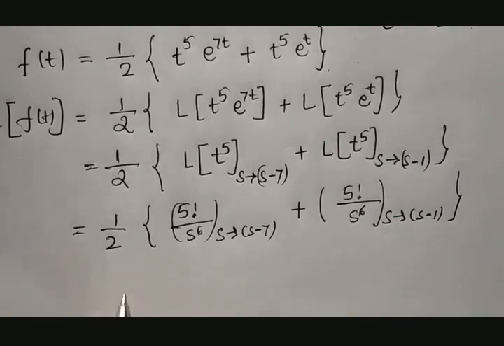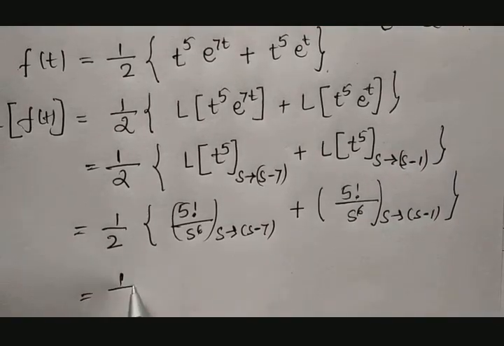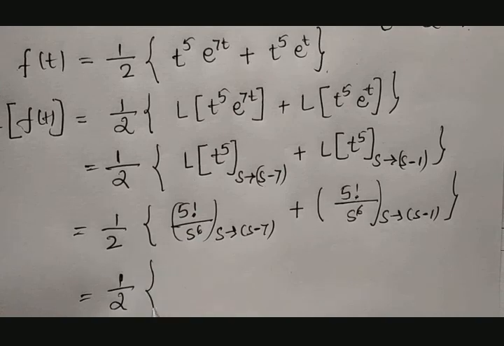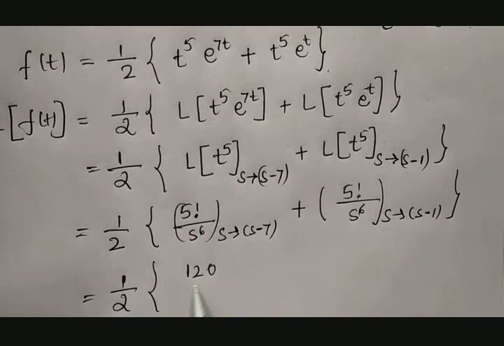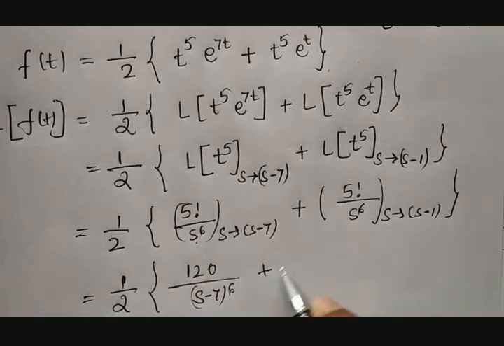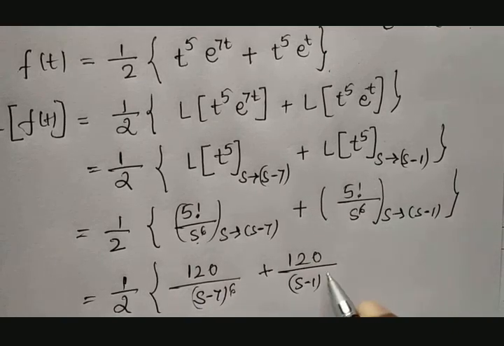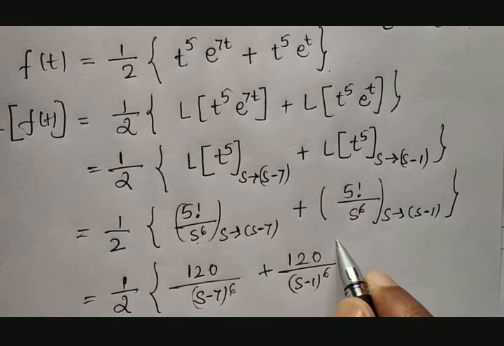Therefore, it is equal to 1 divided by 2 into 5 factorial, which is nothing but 120, divided by s minus 7 raised to 6, plus 120 divided by s minus 1 raised to 6.